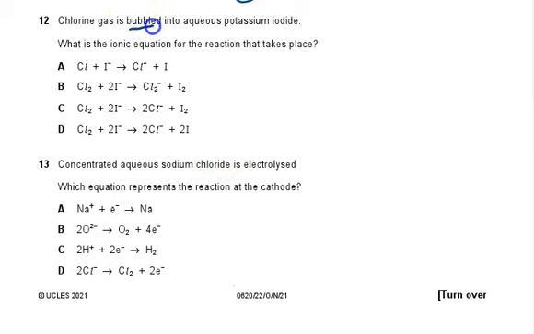Chlorine is bubbled into aqueous potassium iodide. So you have chlorine gas and potassium iodide. So remember, fluorine, chlorine, bromine and also iodine.